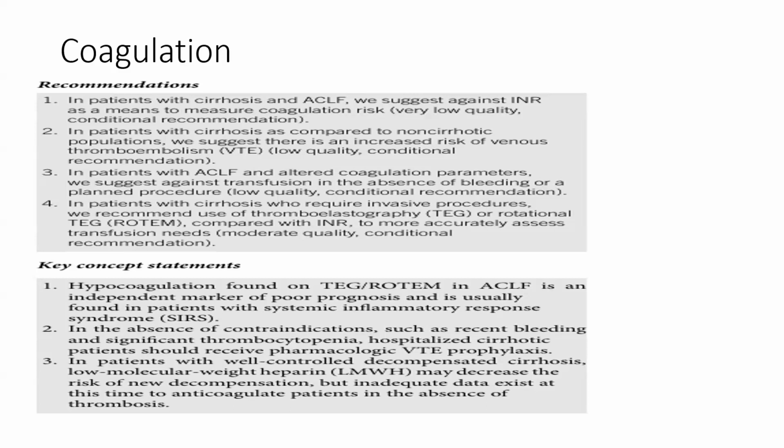In the absence of contraindications such as recent bleeding and significant thrombocytopenia, hospitalized cirrhotic patients should receive pharmacological VTE prophylaxis. In patients with well-controlled decompensated cirrhosis, low molecular weight heparin may decrease the risk of new decompensation, but inadequate data exist at this time to anticoagulate patients in the absence of thrombosis.